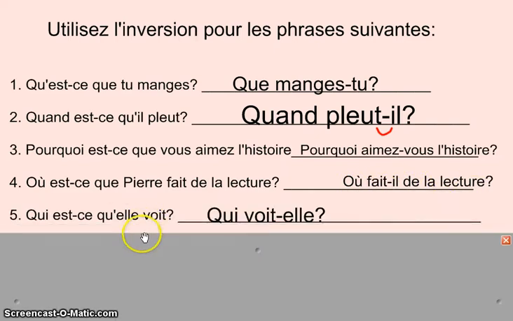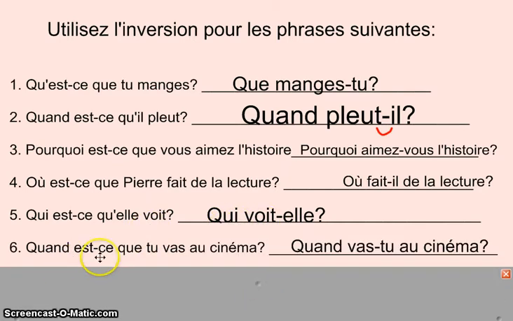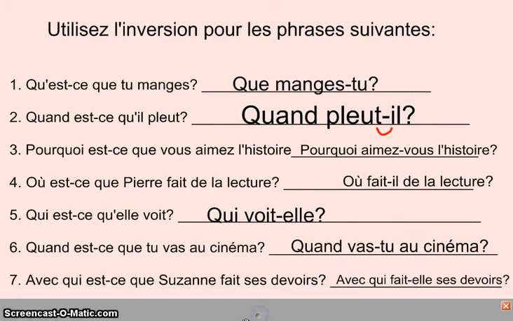Qui est-ce qu'elle voit? Who does she see? Becomes Qui voit-elle? Quand est-ce que tu vas au cinéma would become Quand vas-tu au cinéma? Et enfin, numéro 7, avec qui est-ce que Suzanne fait ses devoirs becomes Avec qui fait-elle ses devoirs?